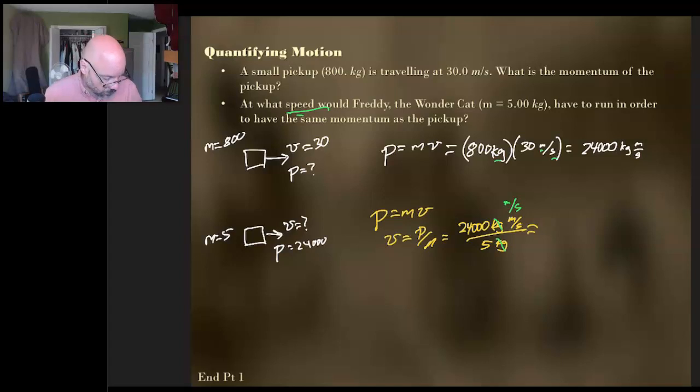And what we get when you run that on your calculator is 4,800 meters per second. 4,800 meters per second. So that is one badass kitty, let me tell you. That's approximately, I worked it out, approximately 14 times the speed of sound.